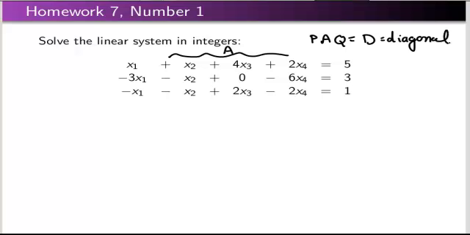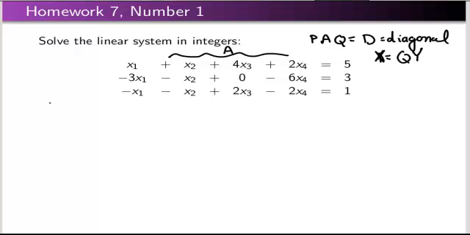Then you make a change of variables where x is going to be Q times y. So when you put that in, you'll get a very simple diagonal system, and the new variable is y.